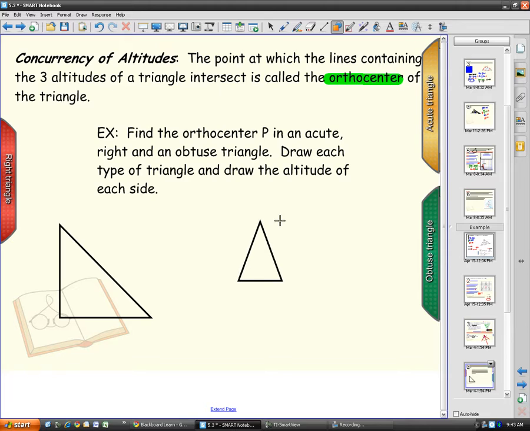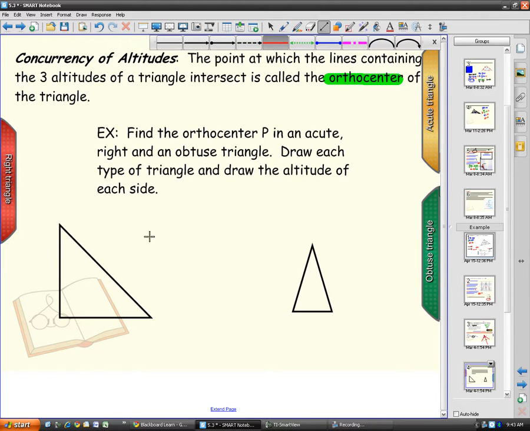And so now I'm going to draw, well, with a right triangle, if I take this right triangle and I want an altitude from this corner, the altitude to meet the opposite side is right here, because there's my 90-degree angle. There's from the corner to the opposite side. Same thing with this one. Okay, that's not so bad. If I could actually draw a straight line, that would work out. And so I'm going to try to move that line over a little bit.